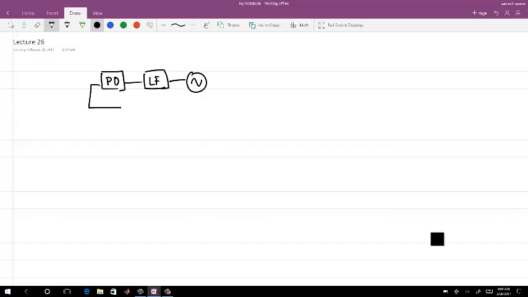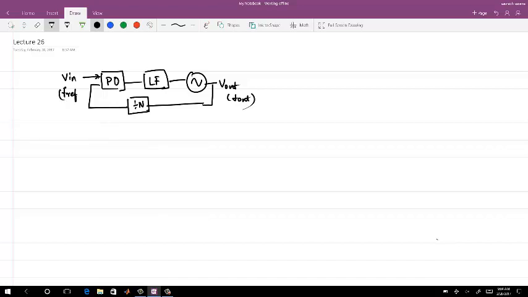I can have a divide by N, an input V in, and V out. If you have a divide by N factor, then your f in and f out are related by your N factor. In place of f in, let me call this f ref.